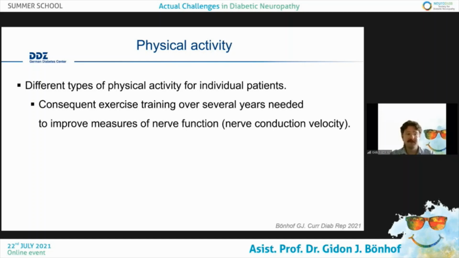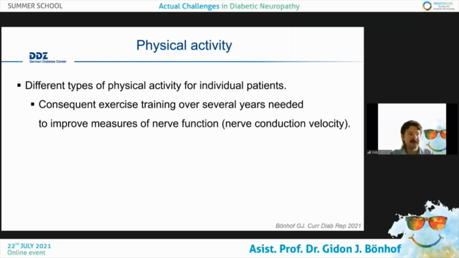If you really try to alter the natural history of diabetic neuropathy, to cure the nerves or to prevent neuropathy, you would need very consequent exercise trainings over several years.